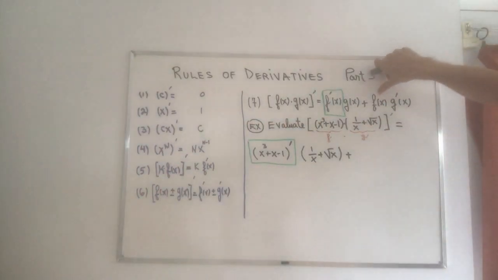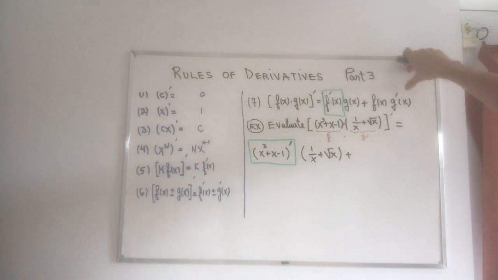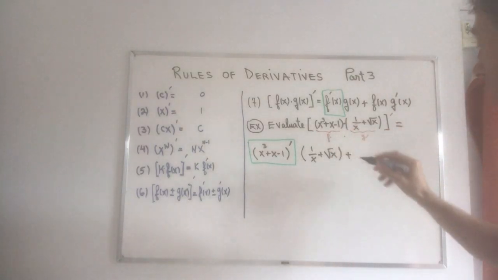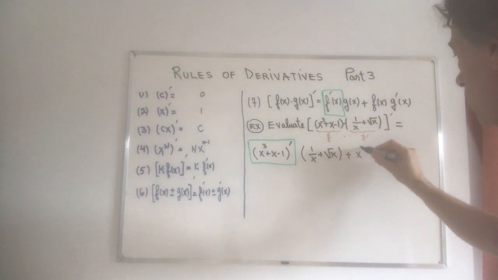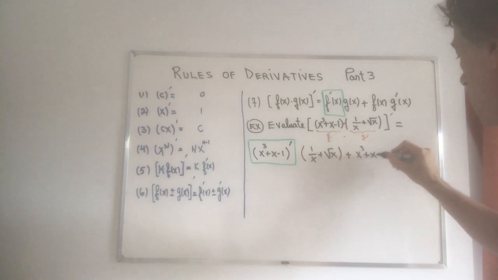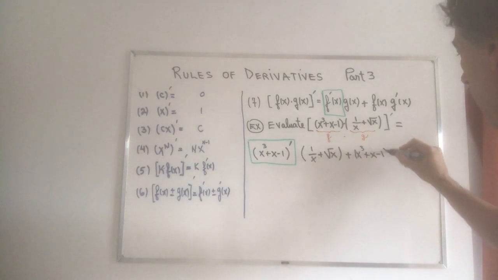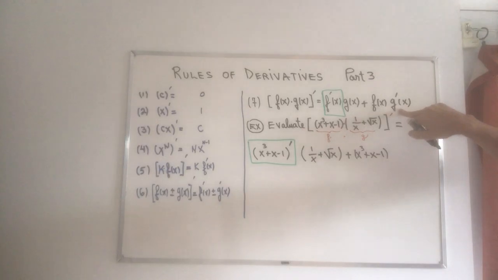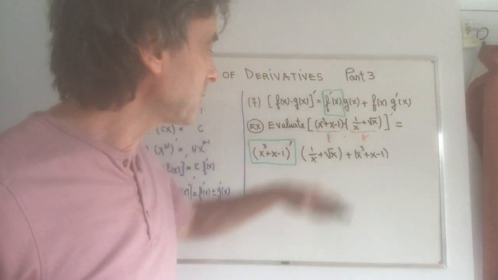Plus what? Well, the function here is f times g prime. That's what the formula says. So I'm going to put f. F is x^3 plus x minus 1. And then we have got to go g prime. What is g? G is this guy, right?